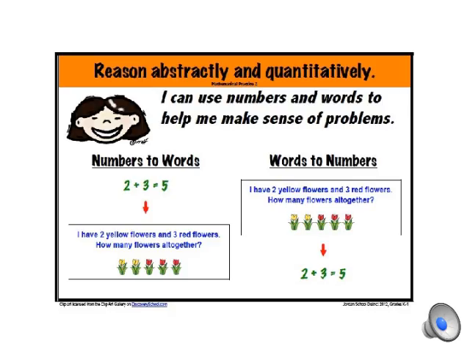For example, we can use numbers to represent the words and understandings in a word problem situation. Here, for example, the words I have 2 yellow flowers and 3 red flowers. How many flowers do I have? Can be represented using numbers and symbols. 2 to represent the yellow flowers, plus, because I want to know how many I have when I count them together.